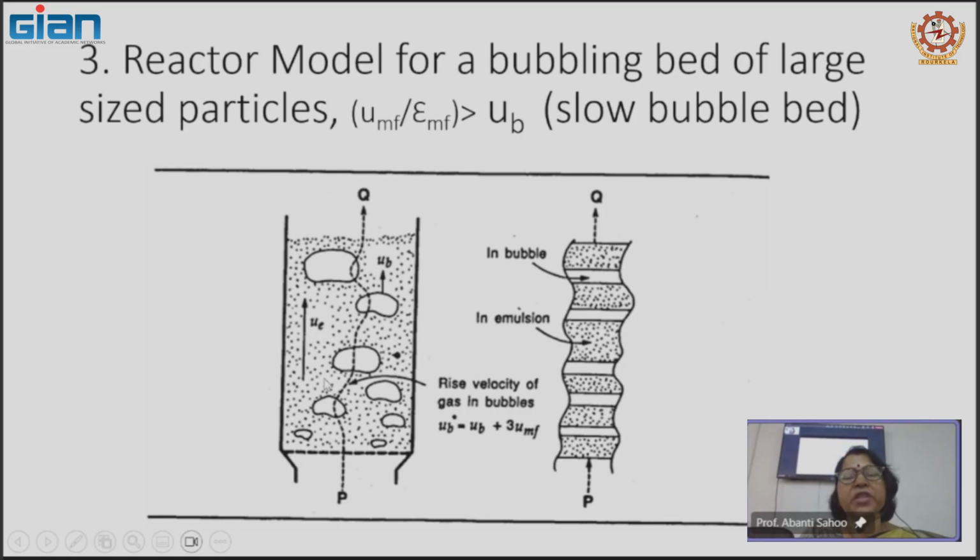In intermediate size particles some thin cloud might be formed, but here the cloud will not be formed at all. So, here you can say that the rise velocity of the gas in the bubbles, UB star, will be the bubble velocity plus 3 times the UMF.